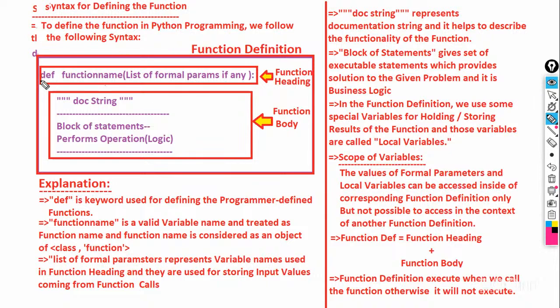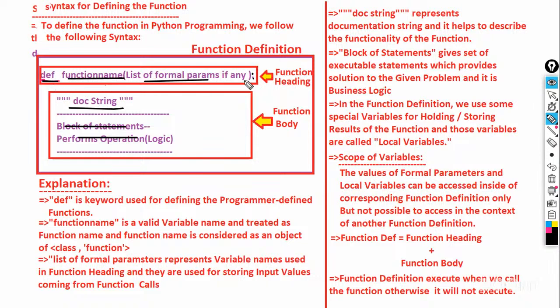The syntax is the def keyword followed by the function name, then the parameters, if we have any, indentation symbol, and docstring block of statements. So this is our syntax for a Python function. In order to define a function in Python, this is our syntax.